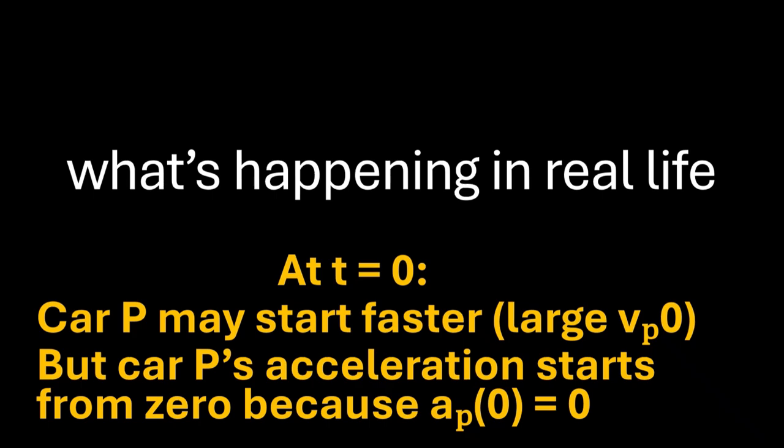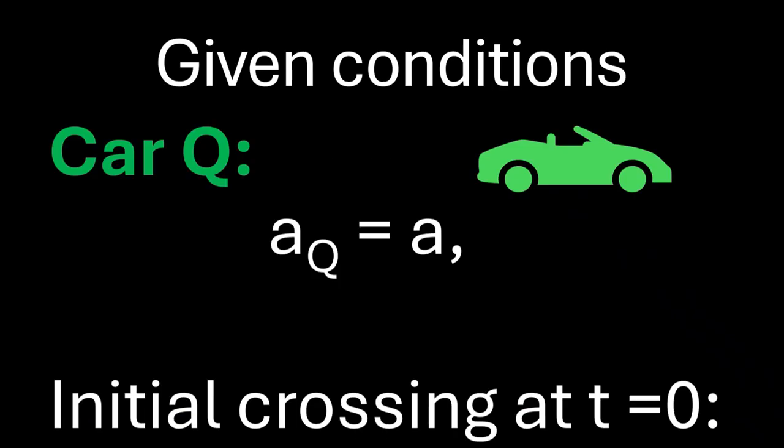What is happening if we visualize this given data? At t equals 0, car P may start. Okay, maybe I skipped a point here. It is also given to us that the initial crossing is at t equals 0, and we've been asked to find out the timings for the different crossings that could happen.